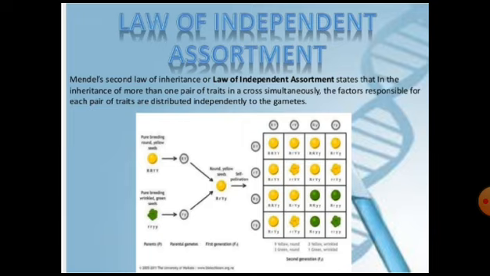That means if the two traits are controlled by two pairs of genes which lie close to each other, during the gamete formation, the distribution of these genes into the gametes is independent of one another. That means one doesn't influence the distribution of another gene. Okay?